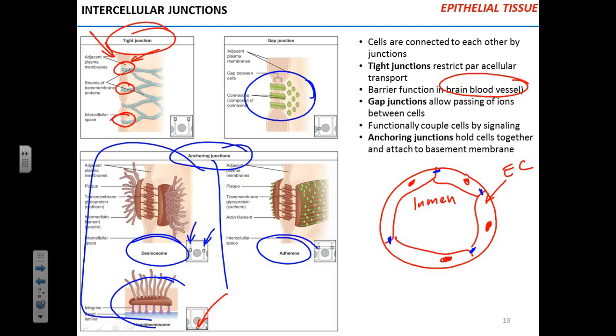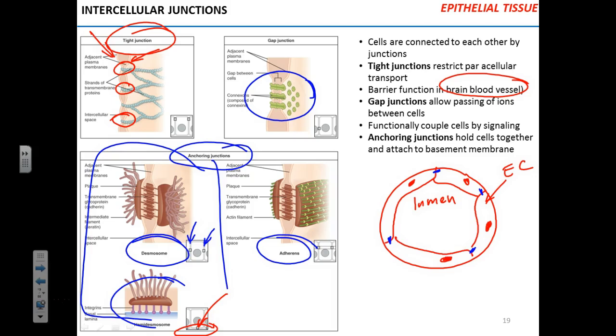The role of hemidesmosome, and I cannot give you any good analogy here: you have a layer of epithelial cells, and this layer is always attached to the basement membrane, like bricks of the house are attached to the foundation. That makes sense? So the junction that attaches the lowest layer of bricks to the foundation is called hemidesmosome.